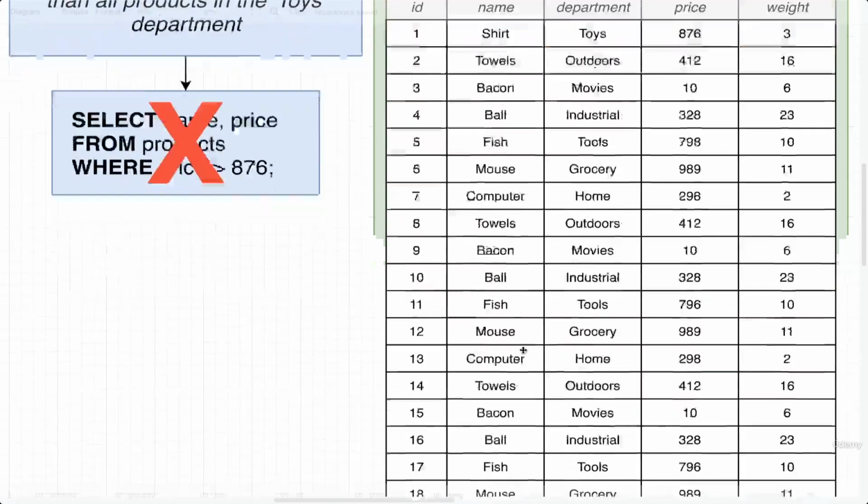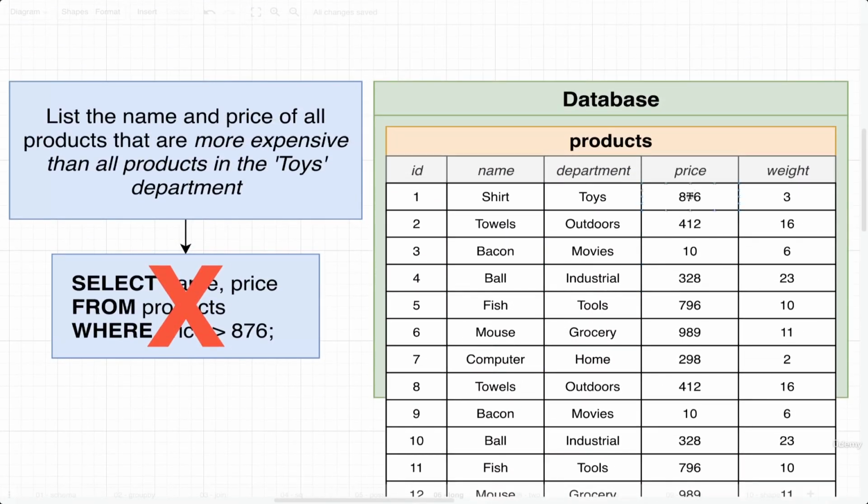If we have a ton of products, then we can't very easily just scan the list and say, oh yeah, that item right there, that's the most expensive one in the toys department. If we have thousands or even millions of different products, we can't do that visual inspection. We would have to write some query of sorts to find the most expensive product. So with that in mind, this very simple query, the one that we started off with right here, would probably not work out by itself.